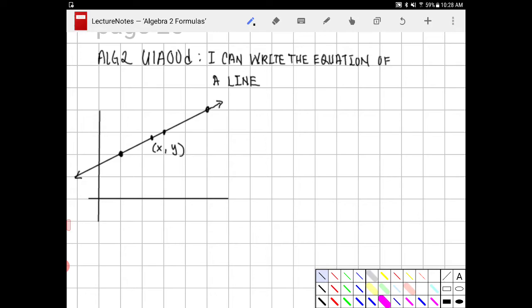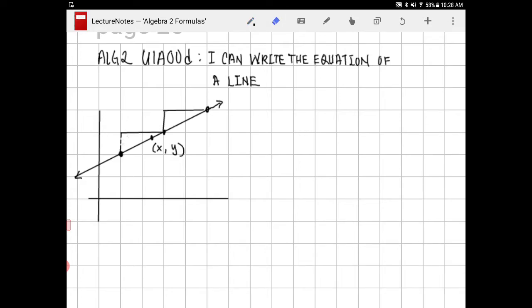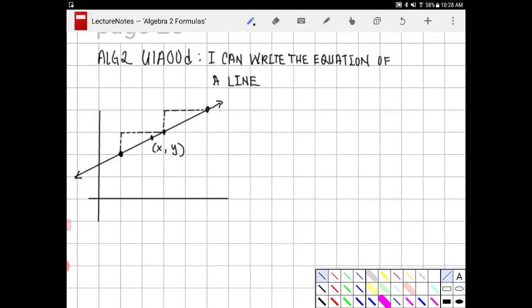One of the techniques that we have in describing a line on a coordinate grid is we can describe how much incline it has. And this incline mathematically is referred to as the slope of the line.